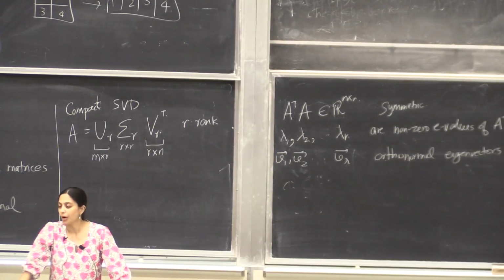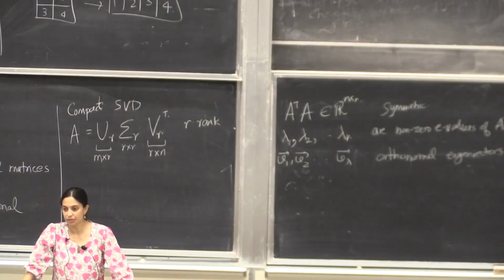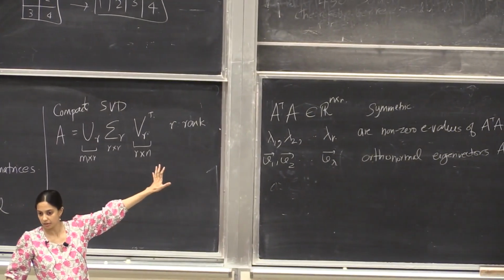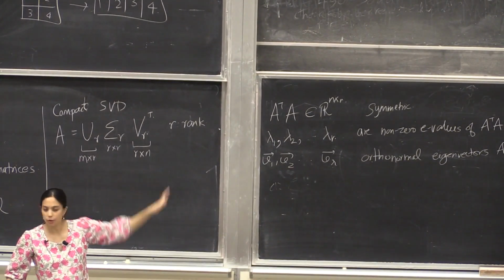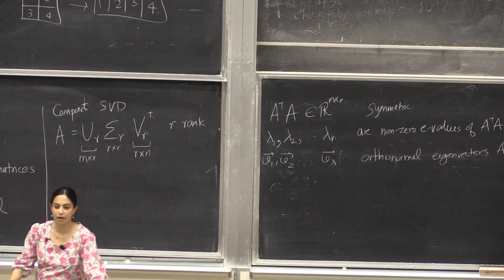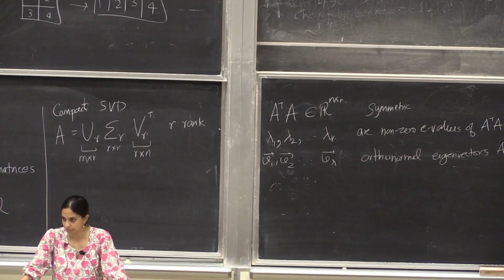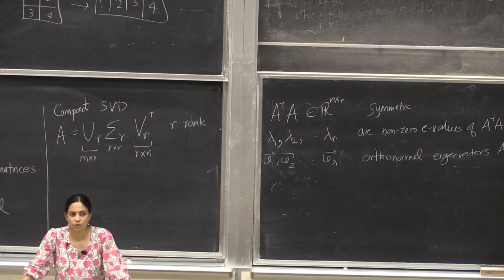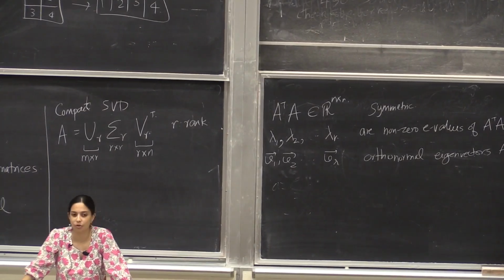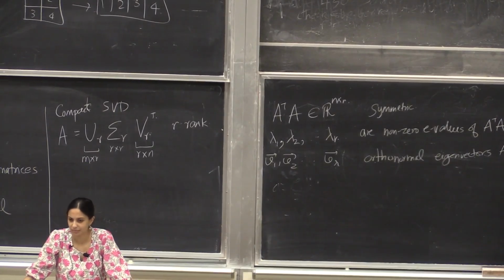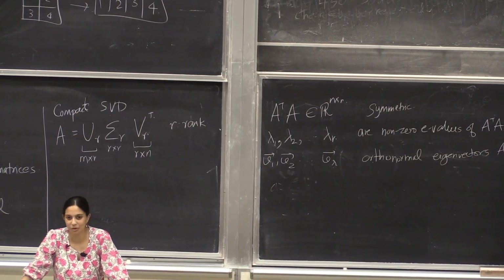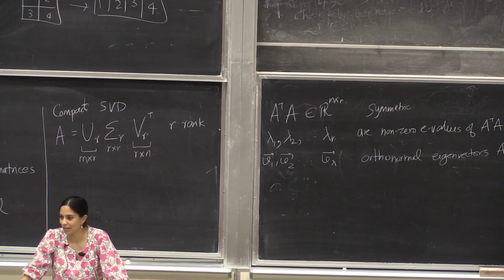Now, what I want to be able to do is somehow use this setup to compute U, sigma, and V, right? So I have some things that are orthonormal. I want to use these somehow to make some U or V matrix. If someone hands me a stack of orthonormal vectors, I'm going to try and use them somehow.